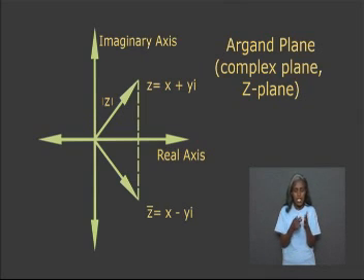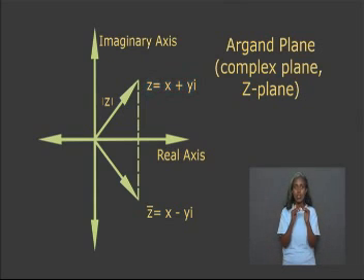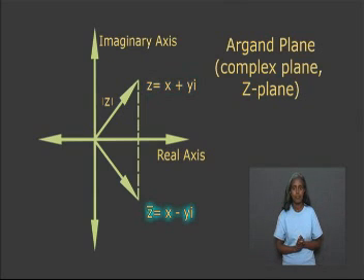This is a reflection of a complex number. If z equals x plus y iota, then its reflection equals x minus y iota. The 2 points have the same value for the real axis and opposite values for the imaginary axis.